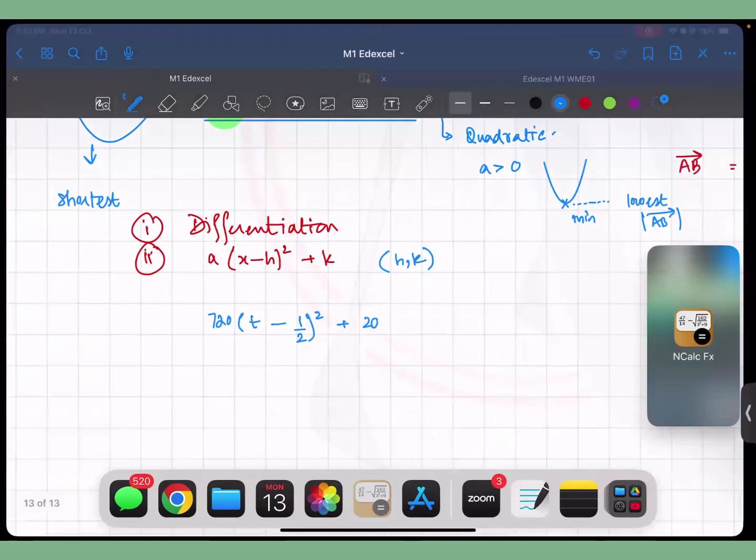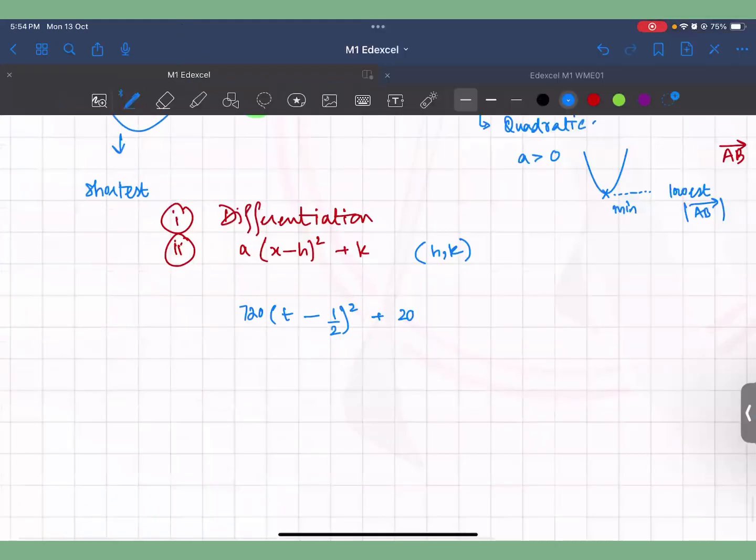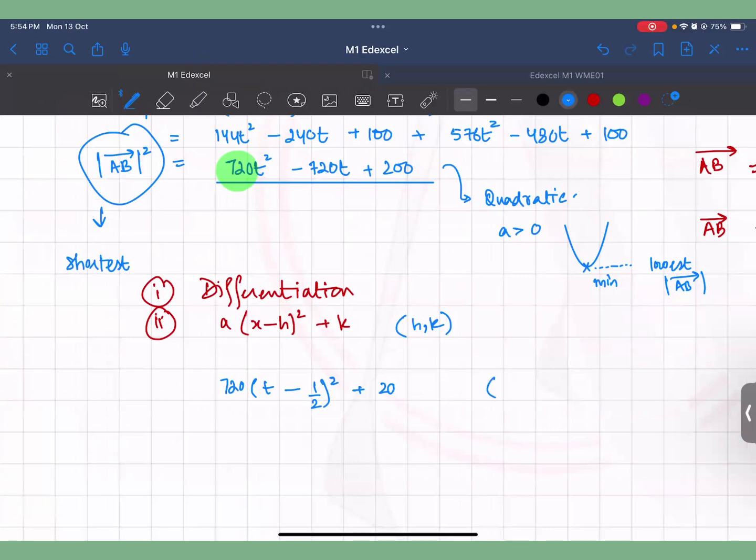Are you sure 20? Let's see. Yes, 20. So the turning point is 0.5 comma 20. This means the lowest value of this square is 20, so the lowest AB distance is square root 20.